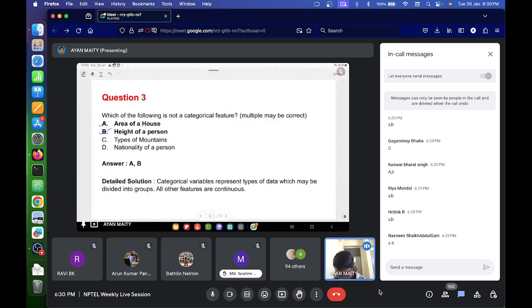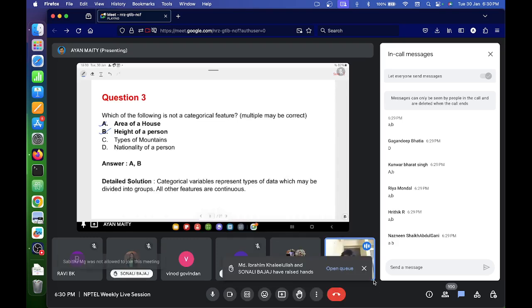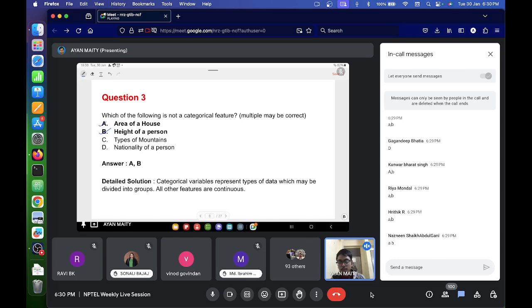The first option is area of a house. Area of a house is a continuous variable, so it can take any real continuous value, so it is not categorical. Similarly, height of a person is a continuous variable, it can take any value from 0 to anything. So A and B are the two correct answers. Option C says types of mountains.